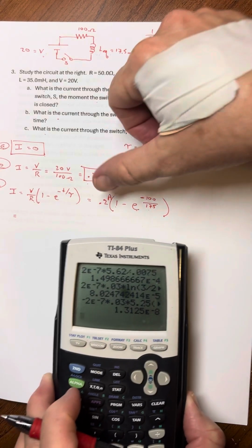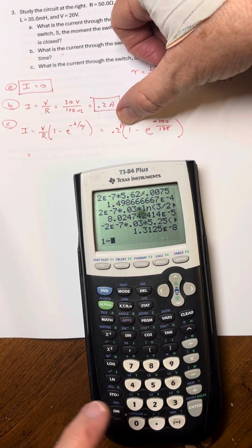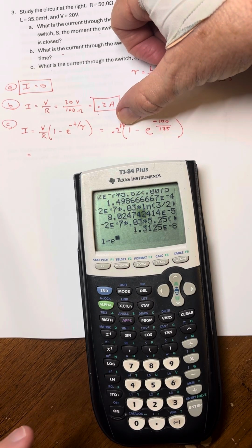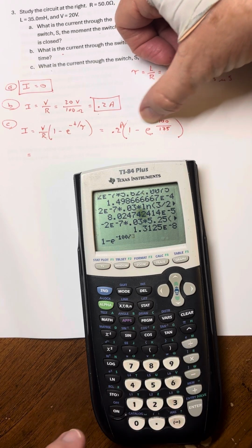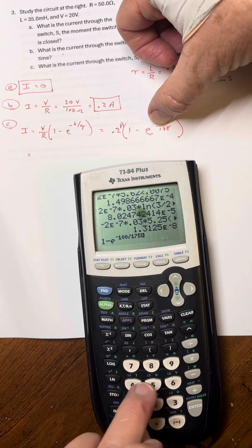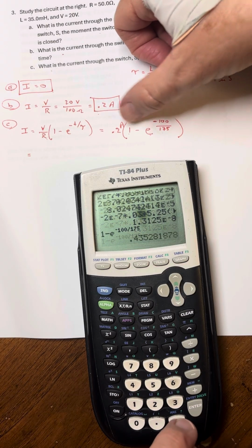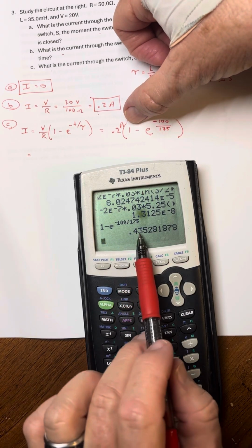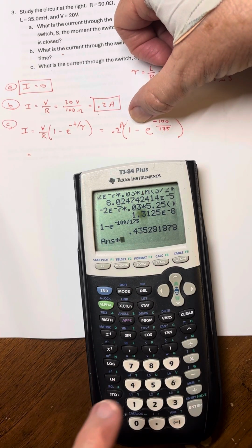All right, so putting this in here, I'll go 1 minus e to the negative 100 divided by 175. So this comes out to be about 44%, it has built up.